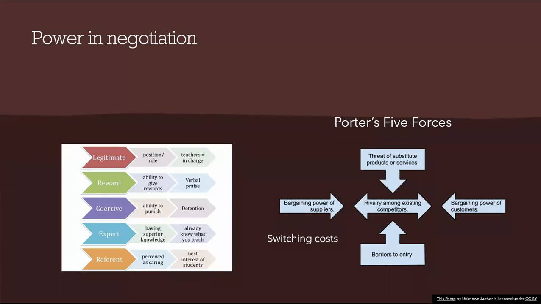Referent power is a type of power also known as charisma. The person who has this power is attractive, and everyone wants to know him, play with him, and be friends with him.